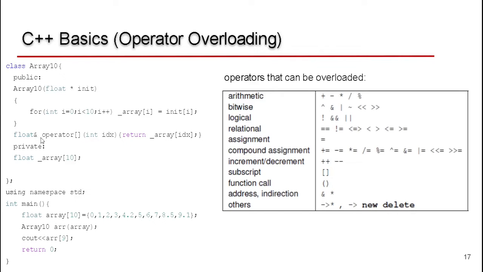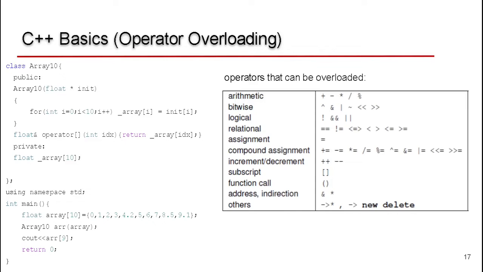So here is like any normal function. You have the return type. Instead of the name, you say operator and the sign of the operator, and then the argument. When you deal with an ordinary array, you pass only one argument inside the brackets, which is the index of the item inside this array.